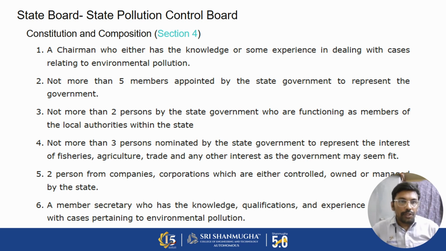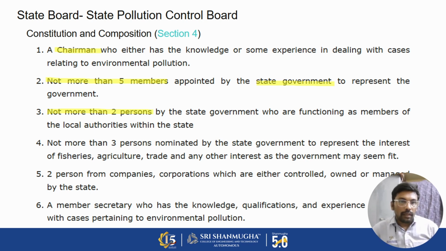So what is the function of the state board? First, what is the constitution, right? Here also one chairman. After that, not more than 5 members appointed by the state government to represent the government. After that, not more than 2 persons functioning as members of local authorities within the state.